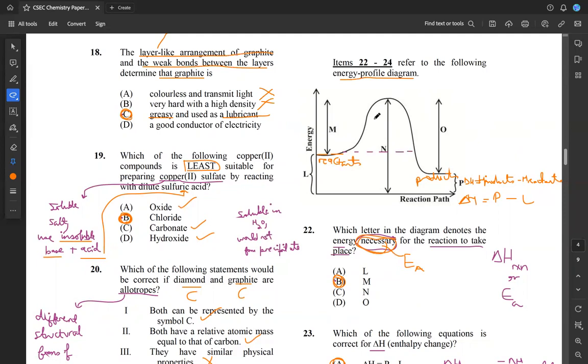And so what is this energy profile diagram characteristic of? That's a forward reaction, right? And it's characteristic of an exothermic reaction. We know that because the energy of our products is less than the energy of our reactants, okay? All right, and that's our forward reaction.